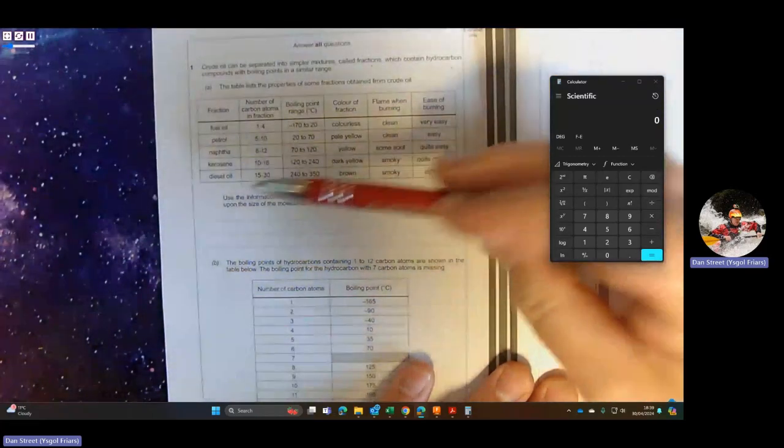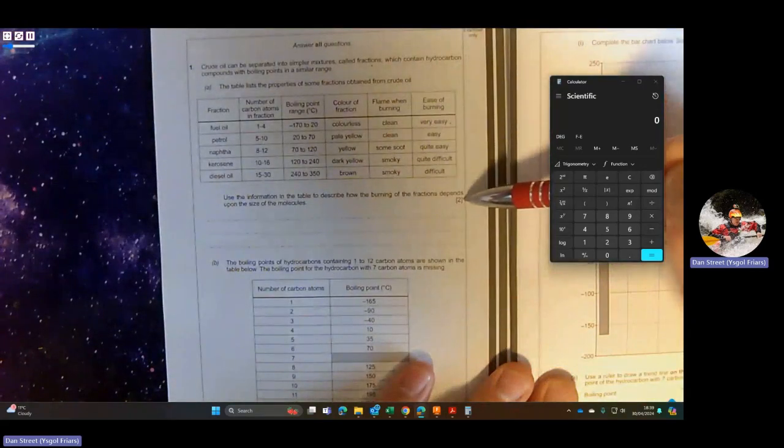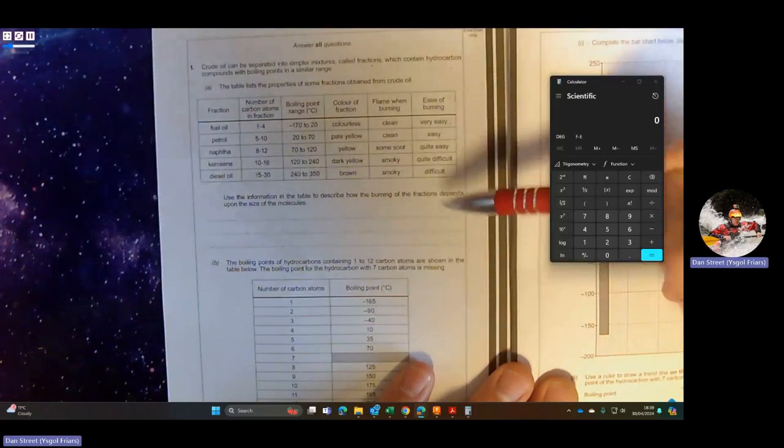Use the information in the table to describe how the burning of the fractions depends upon the size of the molecules. We've got to make 2 comments because there are 2 marks, and we can take information from these 2 columns here.